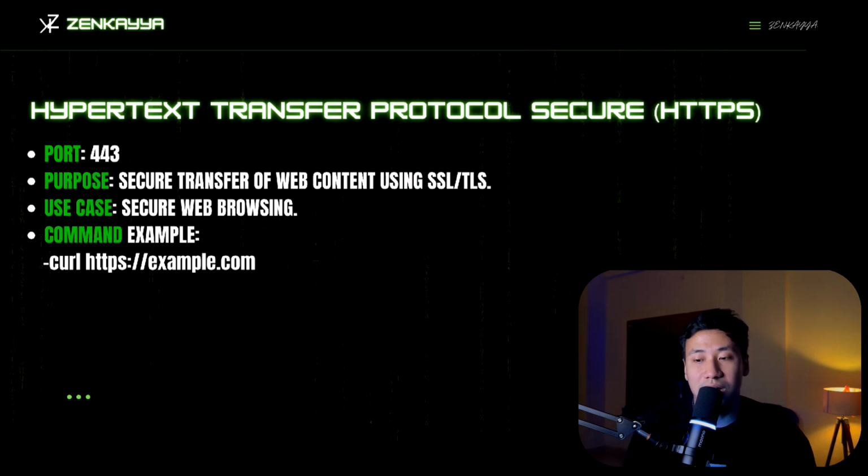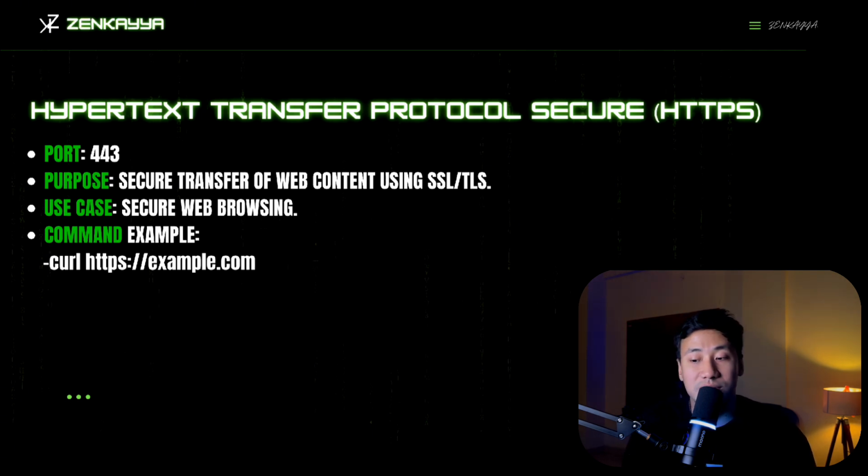Next is HTTPS, Hypertext Transfer Protocol Secure, the S. That is the only difference between HTTP and HTTPS: it is secured. Port number 443. This is one of the most common ports used while you use the internet. Purpose: secure transfer of web content using SSL/TLS. All these are encryption concepts. Encryption, decryption, all this comes under cryptography.